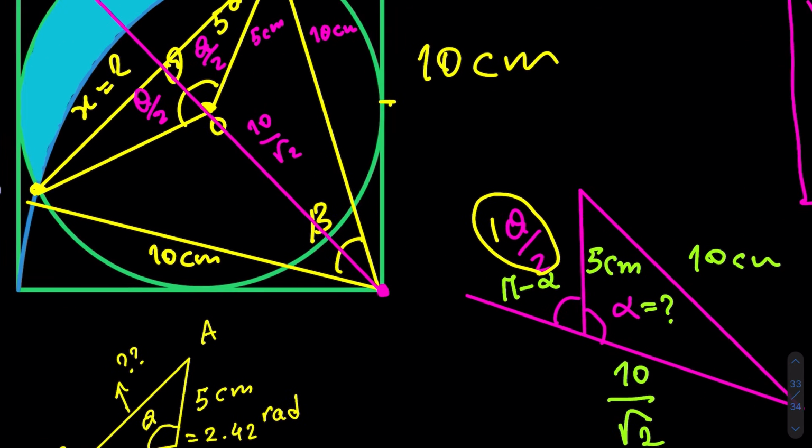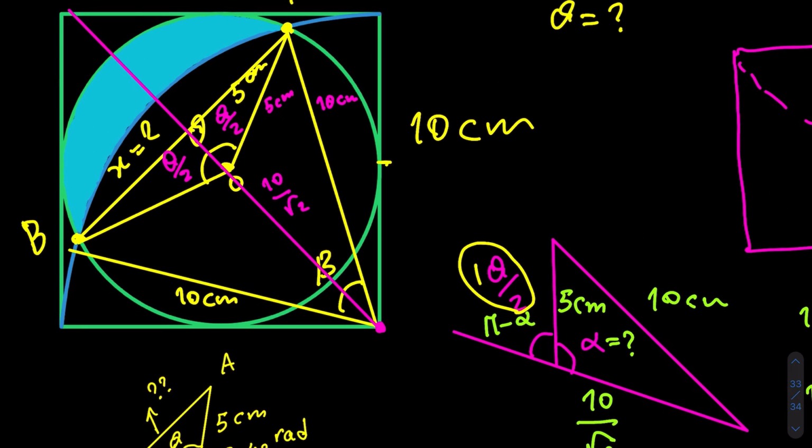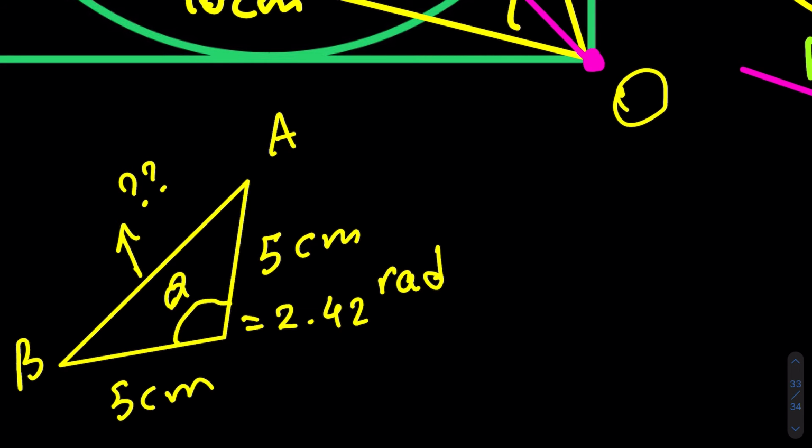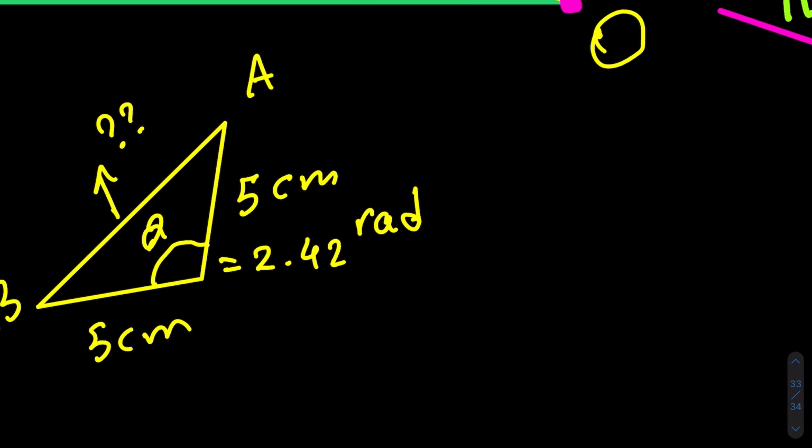You see a triangle here, the larger triangle, AB, and here let's say O, this triangle, AOB, right? So we need to have the value of this side that we are going to find here in order to find the angle of beta.